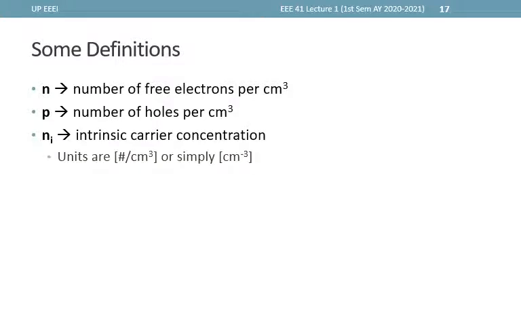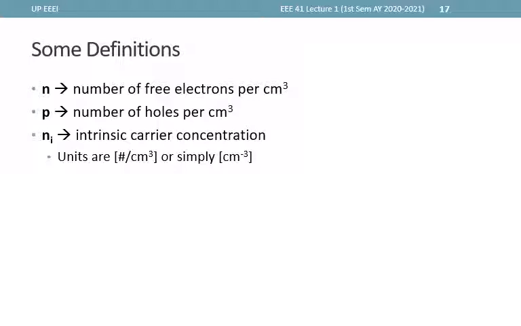So for all these three, the units will be a number per cm cubed, but most of the time we will not indicate the number anymore and just use cm raised to minus 3, or per cubic centimeter.